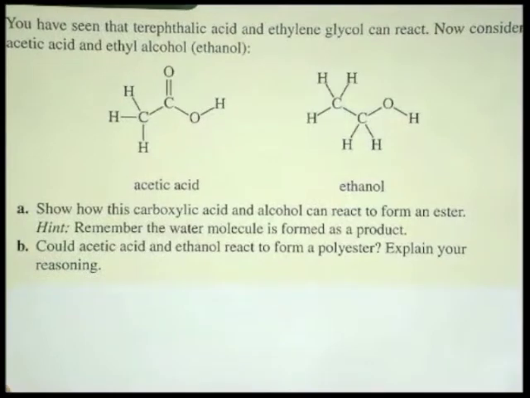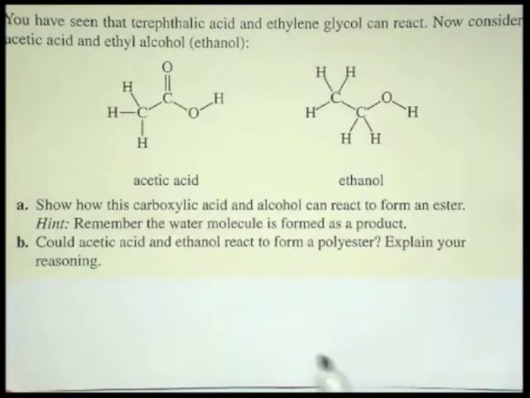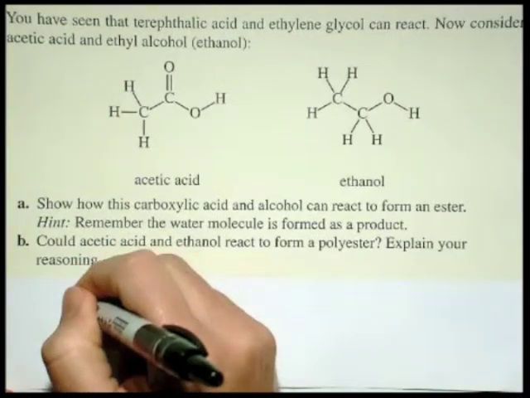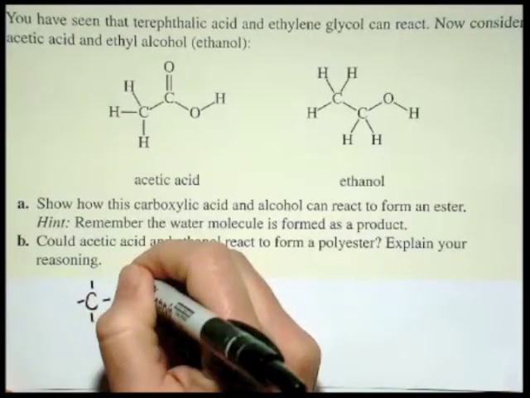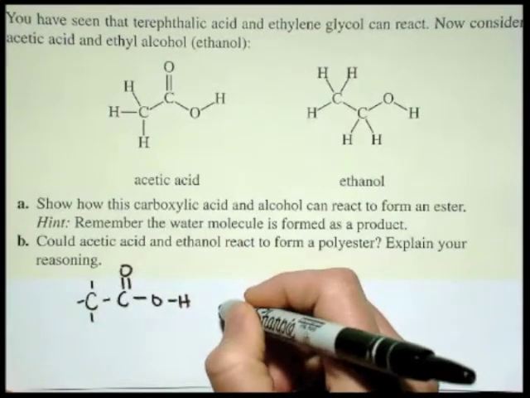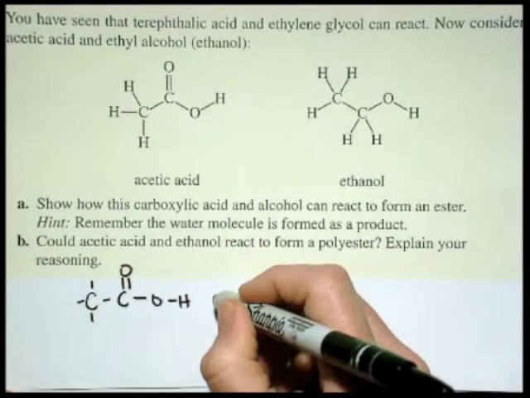First of all, we want to show how the two individual molecules can form an ester. So I'll write down the acetic acid. I'm not going to put the hydrogens on because it makes it so messy. There's the acetic acid plus the ethanol.